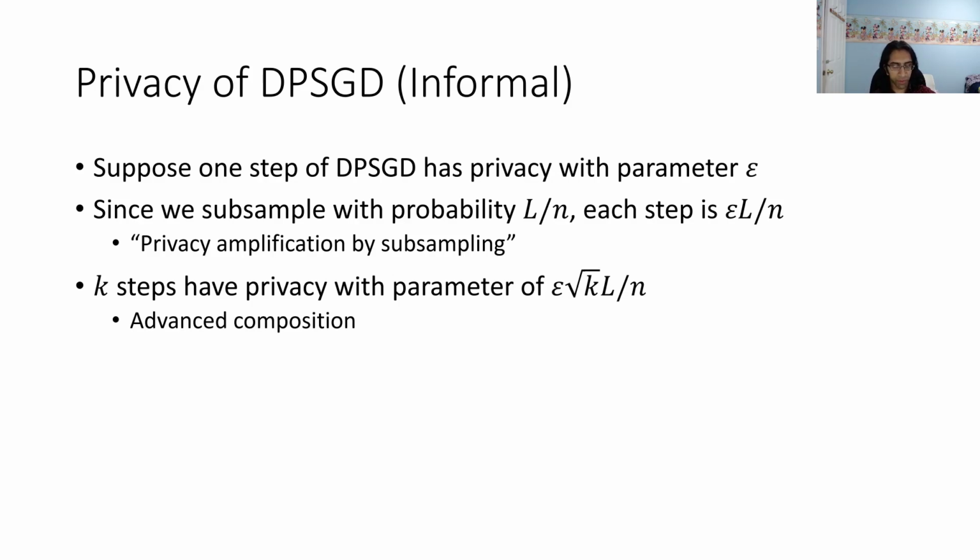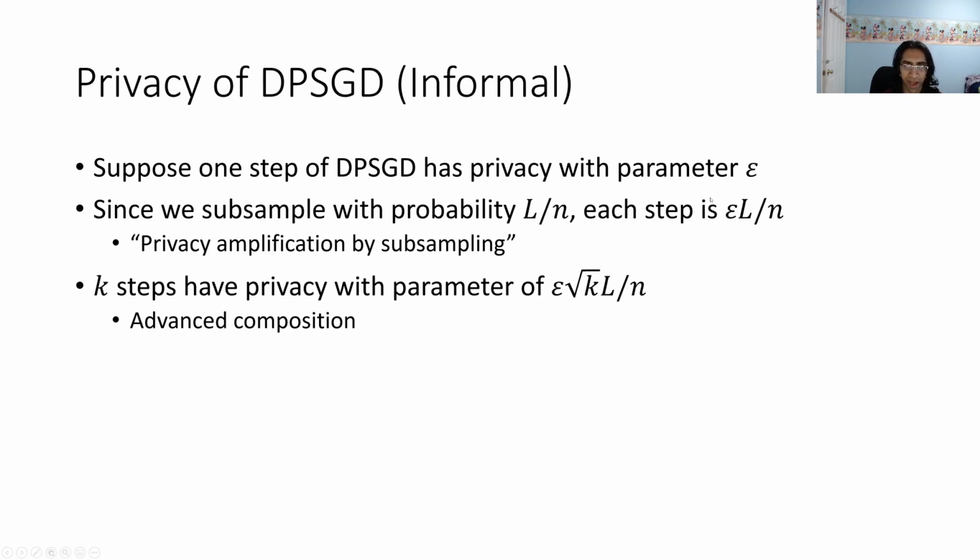When you're doing SGD, maybe DPSGD, you only output the very final result, the result of the final step. So maybe it should only have epsilon times L over n. But no, because each of these steps in DPSGD depends on the previous step, and so the privacy is kind of leaked as a result. So in fact, this root k really needs to be here.